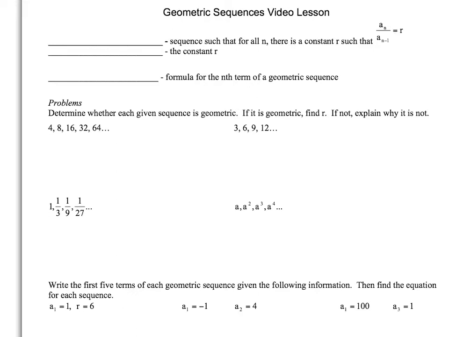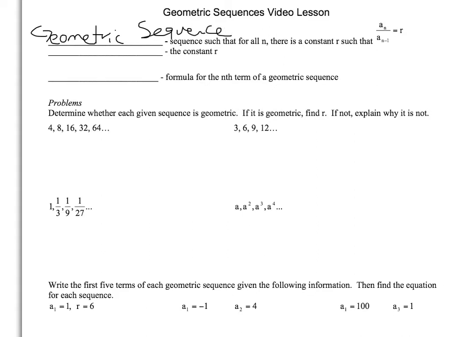So a sequence such that for all the values there is a constant r, such that when you take the next term and divide by the previous term, that'll give you your r value. That is called a geometric sequence. So instead of subtracting the second term and the first term, now you're going to be dividing, and you'll see when you divide you get the same result, and that's called your r value.